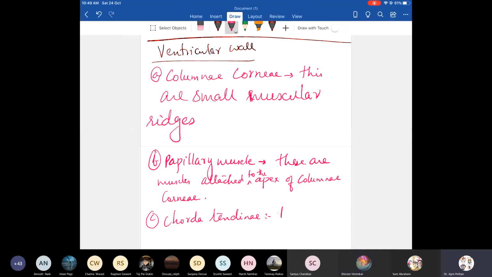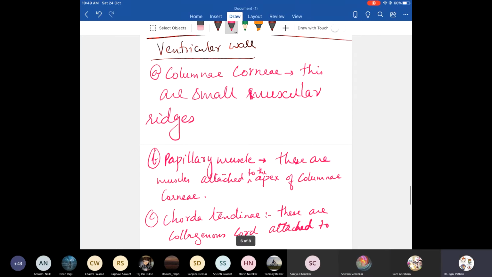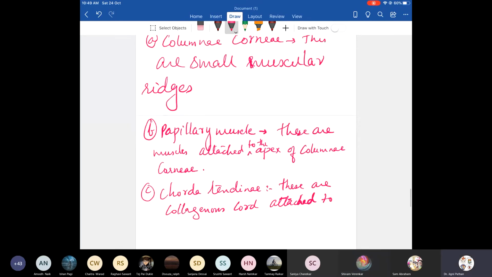What are these? These are collagenous cords attached to papillary muscles and two flaps of AV valves. Who can tell me which are the AV valves?